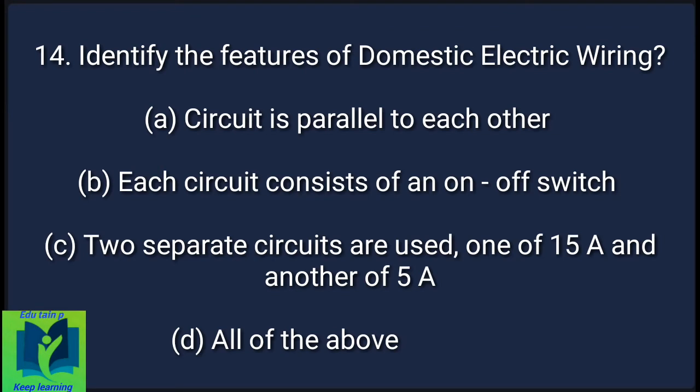Identify the features of domestic electric wiring. Option A, circuit is parallel to each other. Option B, each circuit consists of an on-off switch. Option C, two separate circuits are used, one of 15 ampere and another of 5 ampere. Option D, electric fuse is connected to each other.